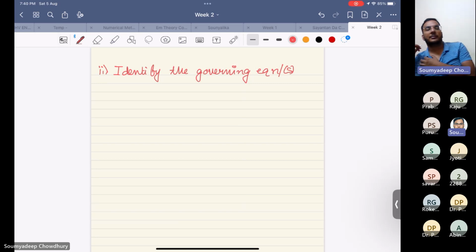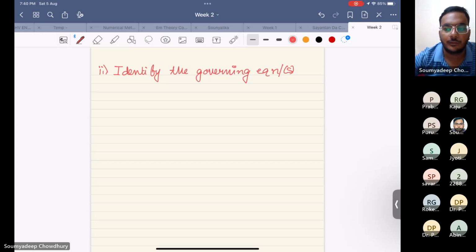Like if it is an electrostatic problem, then what are the different governing equations in the electrostatic case? Can anyone tell? What kind of field we observe in electrostatic case, where we do not consider the time variation of electric field and the generation of magnetic field and all those things. If we just consider the electrostatic case, what is the main governing equation? Any idea?